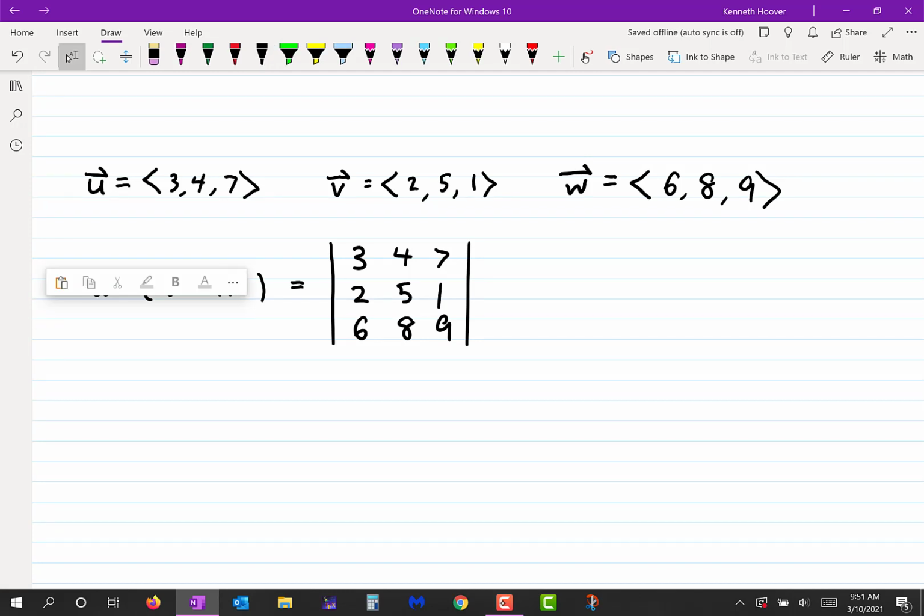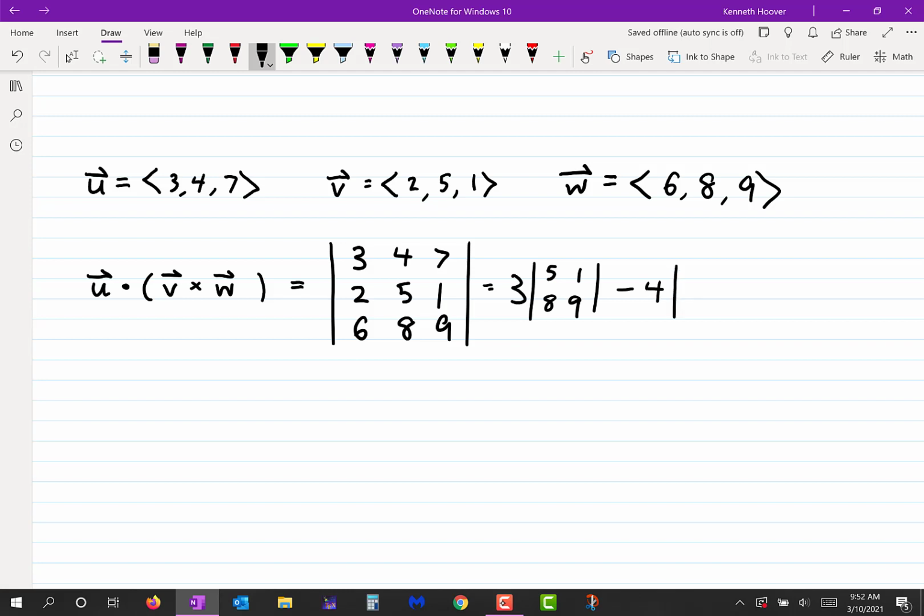That would be 3 times the determinant of 5, 1, 8, 9, minus 4 times the determinant of 2, 1, 6, 9, plus 7 times the determinant of 2, 5, 6, 8. That would be the scalar triple product.